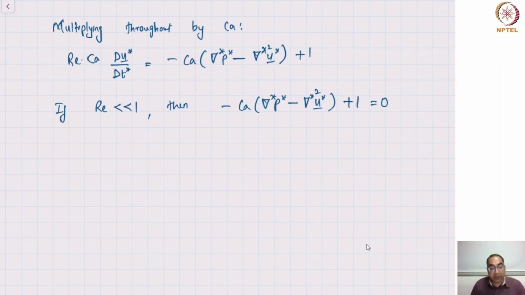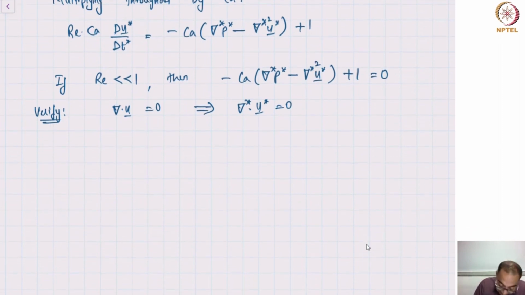One can also verify that the continuity equation del dot u is equal to 0 simply becomes del star dot u star is equal to 0. Now we look at the normal stress balance.